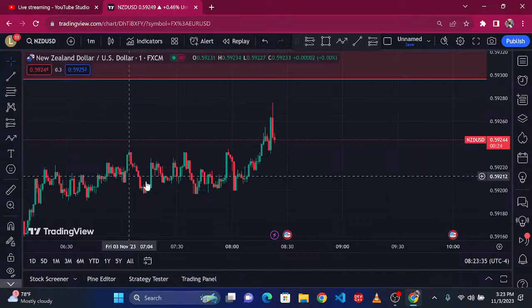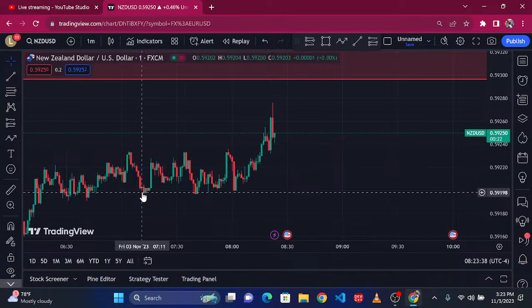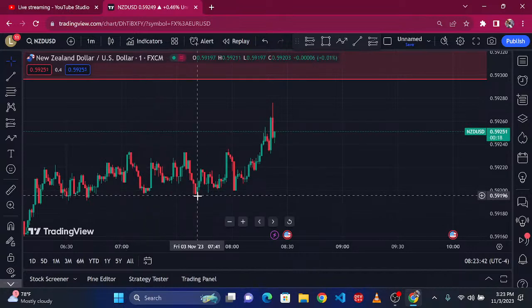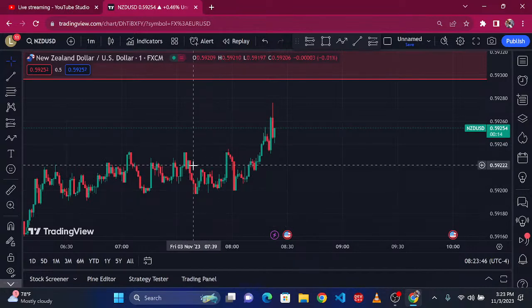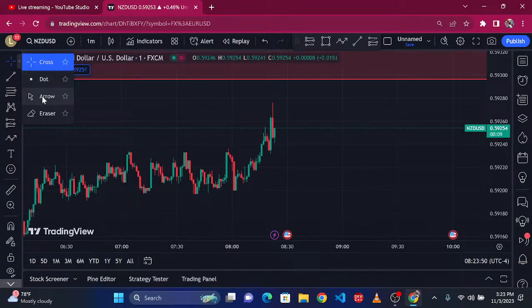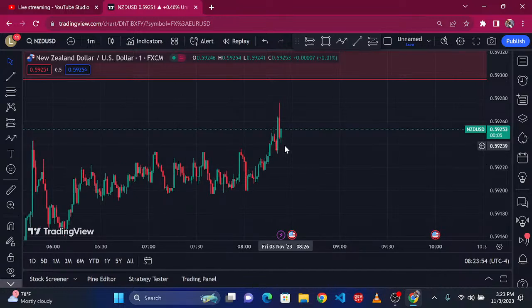First look at the cross. There is no fair value gap, but the market is reacting at the top.